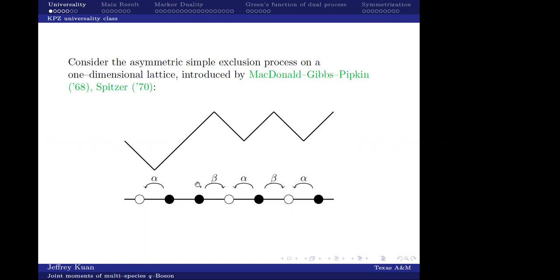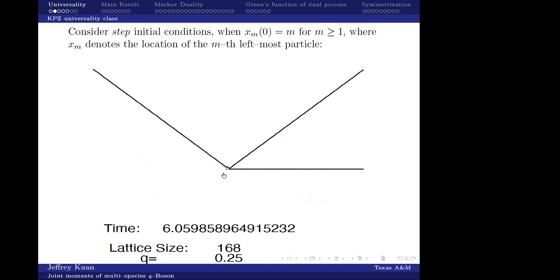Maybe the question just revealed that I don't understand. So that's why it sounded good. So I mean, you have like a lattice, right? You have a one-dimensional lattice, and you have some initial condition where you sprinkle these black ones. Yeah, the initial conditions are where all the particles start here. So those are the initial conditions I'm considering.